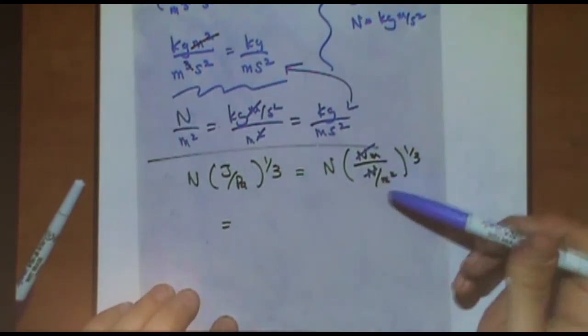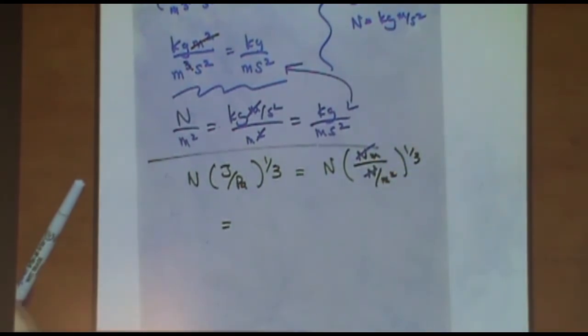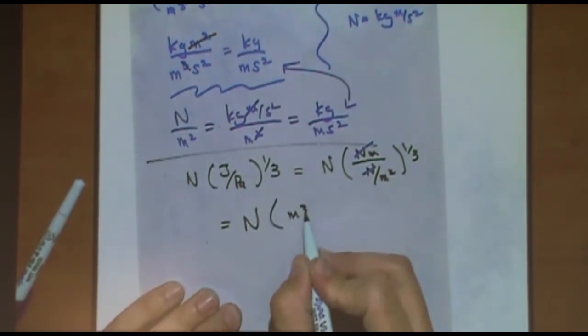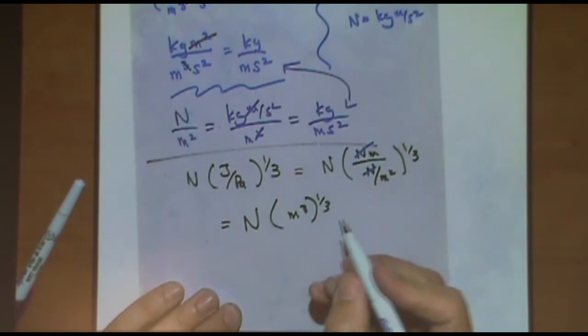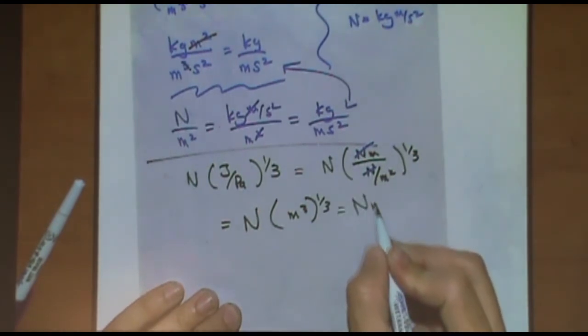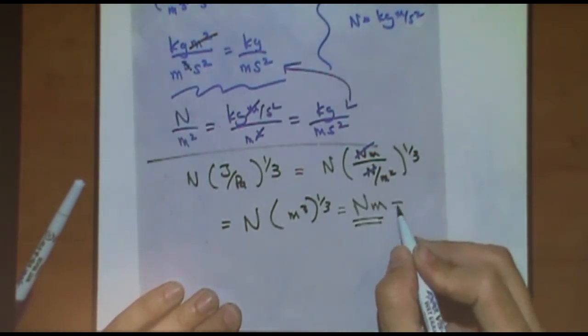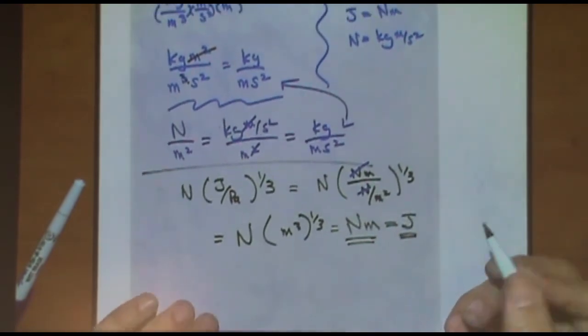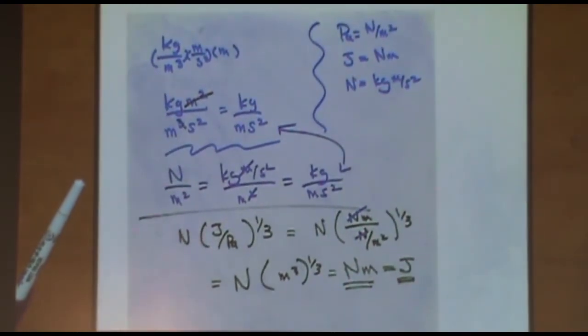And I've got a 1 over meter squared, which would end up being meters cubed. Newton, meters cubed to the 1/3. That'll be a Newton meter. That is, if you don't recognize it, a Joule. Wow, I know, it's awesome. Aren't these problems awesome? Okay, is that cool?